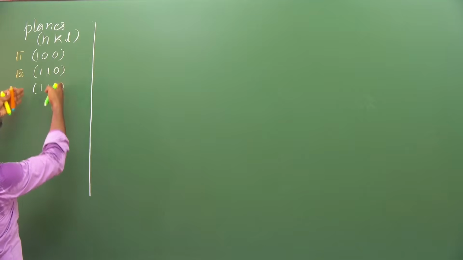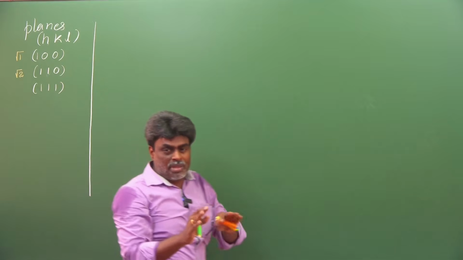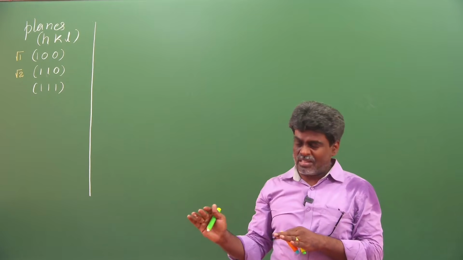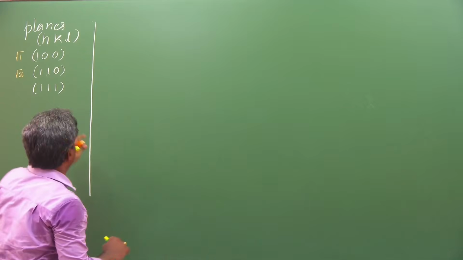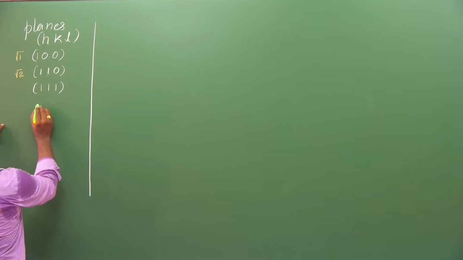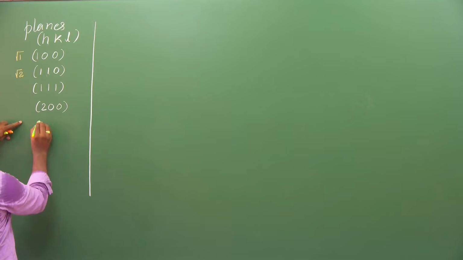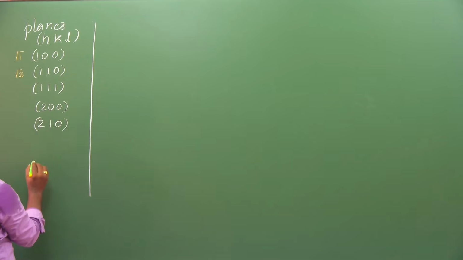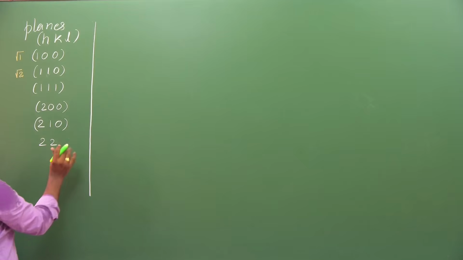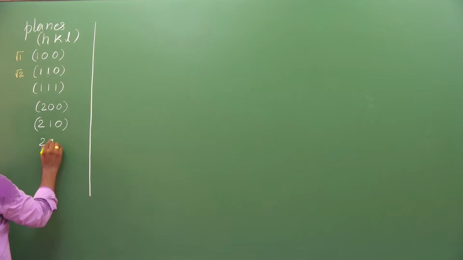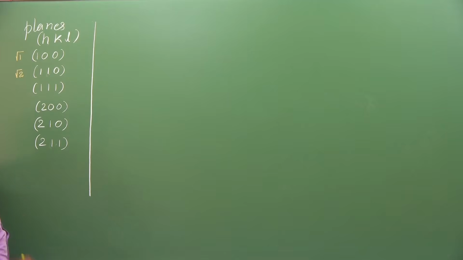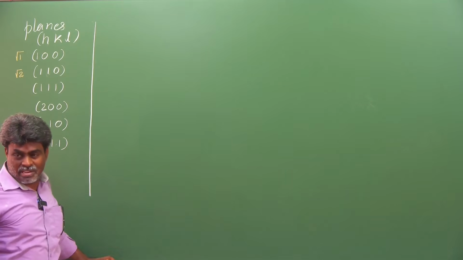Only this is the order of the planes. Whatever plane you want, it won't always be there. Actually for that also some mathematics is there, but we are not discussing those things because of time restriction. So root 3, next root 4, 2, 0, 0. Next root 5, root 6. Root 7 is not possible, because the sum of squares of 3 integers can never be equal to 7.